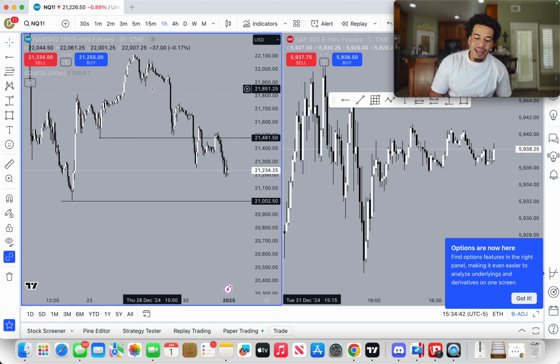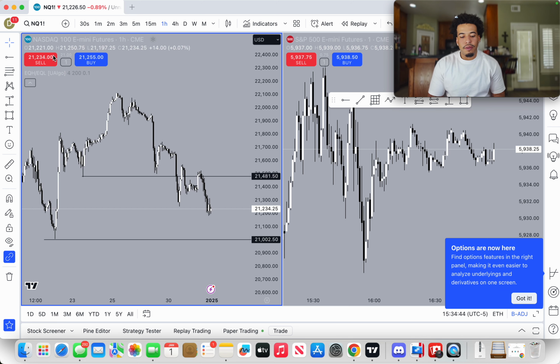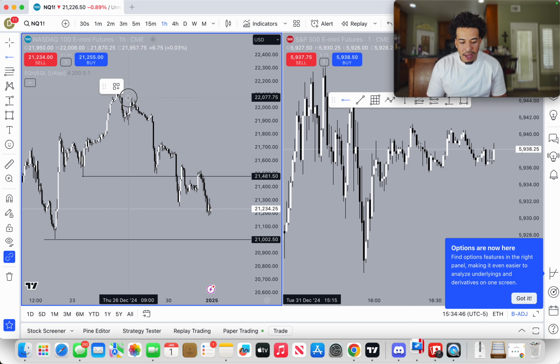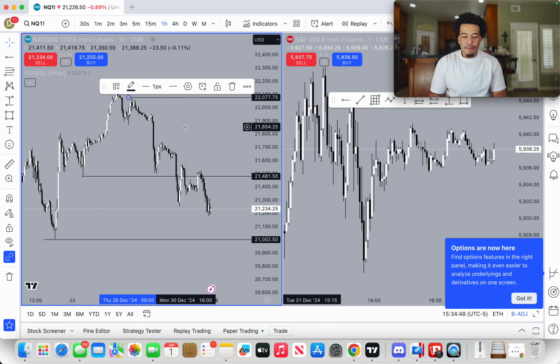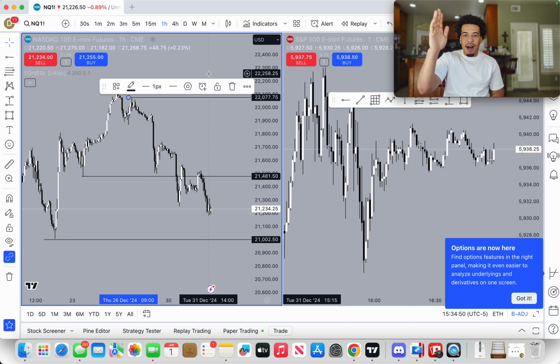Buy side is just vice versa. Those significant highs are buy side, because if you're buying, that's the liquidity you're going to be targeting.